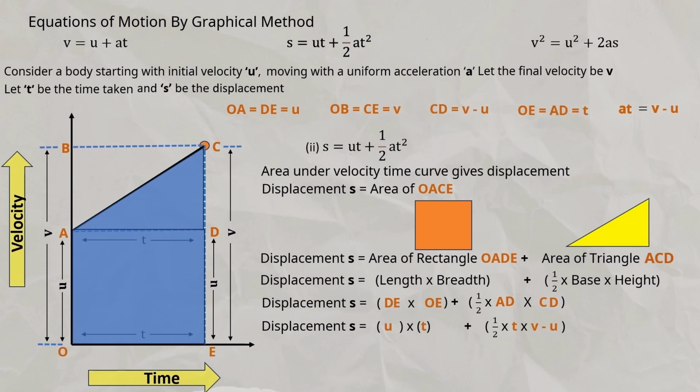From the above data, we know that v minus u is equal to at. Therefore, we will replace v minus u by at. So, we will get displacement S is equal to ut plus half t into at, that is at². So, we can write S = ut + ½at². This is our desired equation.